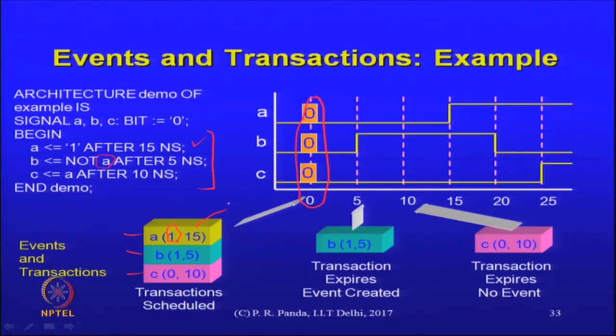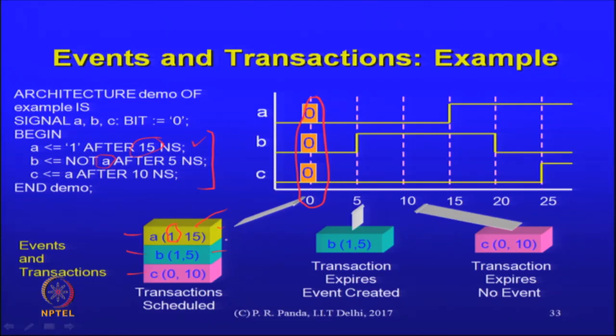So, that 15 there is a relative time, it is the same as when we say 15 here, what we mean is 15 from wherever that execution is happening, wherever that statement is getting triggered. Okay. So, such a transaction A 1 15 is what is now stored in the simulator. A bunch of transactions are scheduled, they are stored in the internal queue of a simulator, and so this is one of them. A 1 15 is one transaction.